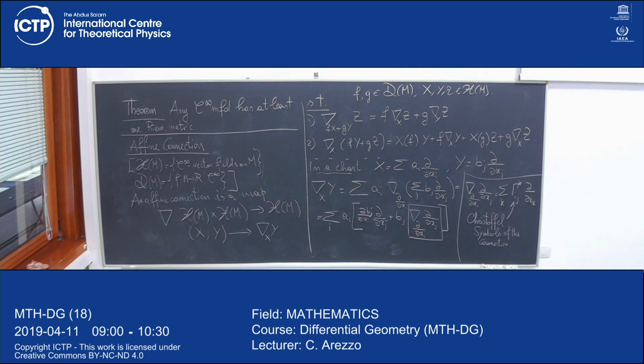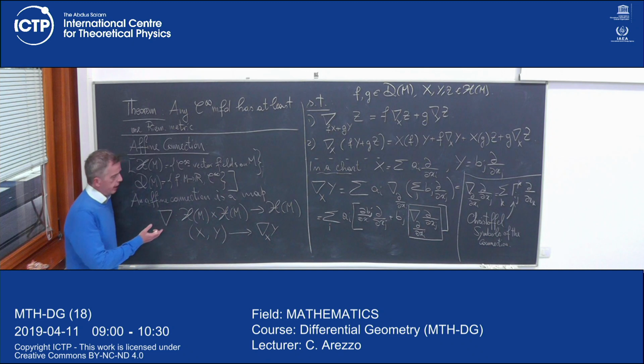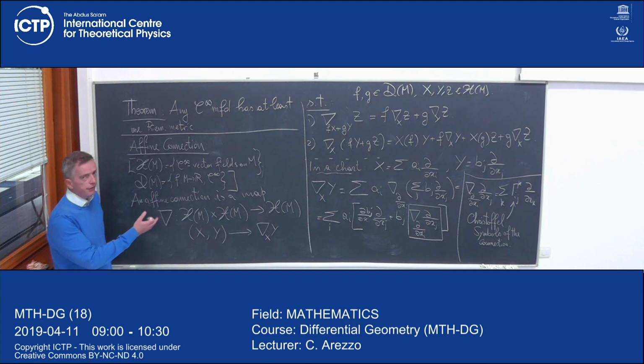Now, the problem, or the beauty, is that there are, in general, and this I will not prove, infinitely many affine connections on a differentiable manifold. And there is absolutely no way to decide which one is better than the other. This is a bit surprising because you think that the notion of differentiability, the derivative, should be somehow natural.